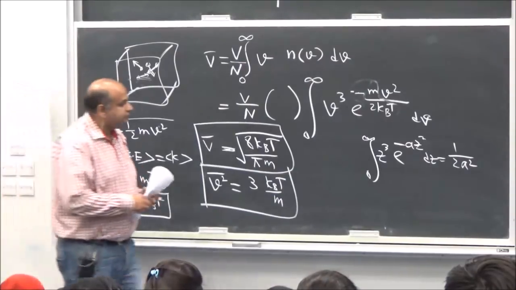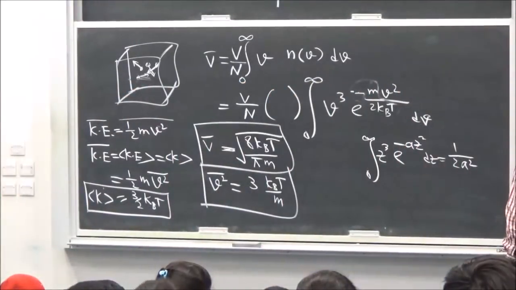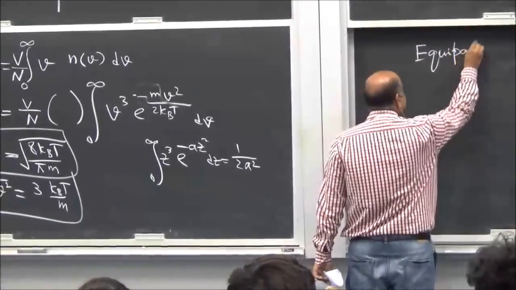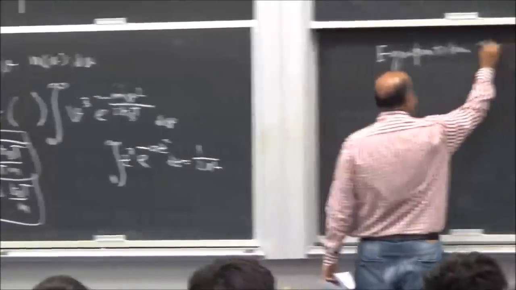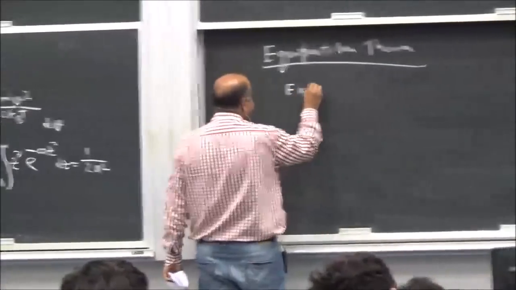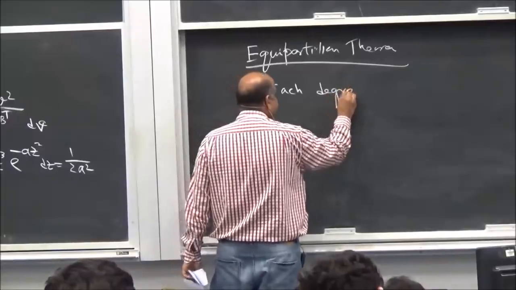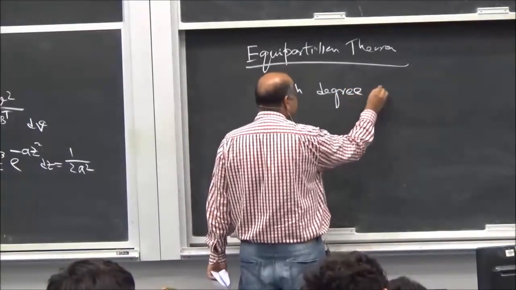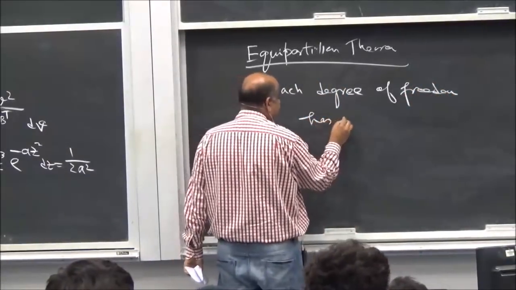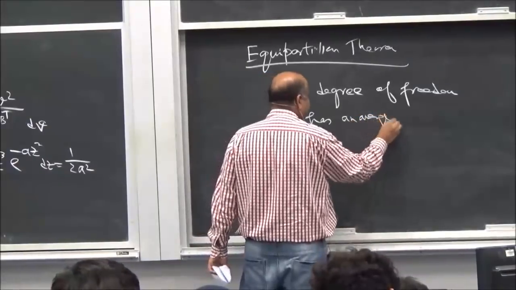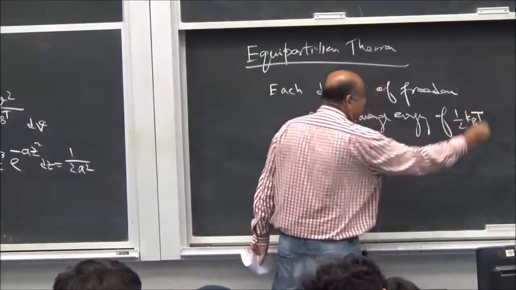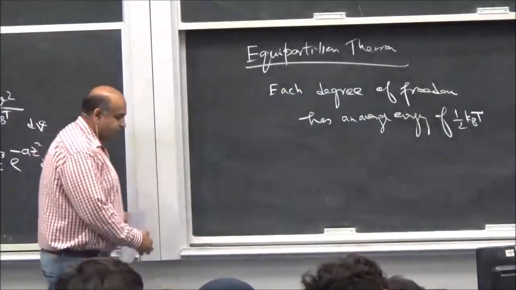Equipartition Theorem says that each degree of freedom, let me first write it in the jargon, then I'll explain. Each degree of freedom has an average energy of half kbt.